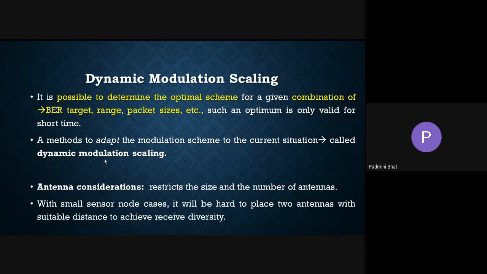Next, coming to a very important one, that is antenna considerations. It restricts the size and the number of antennas. With small sensor nodes, it will be hard to place two antennas at a suitable distance to achieve receive diversity. Now, antenna consideration is not a small parameter. It is a very vast design consideration in wireless sensor network transmission.